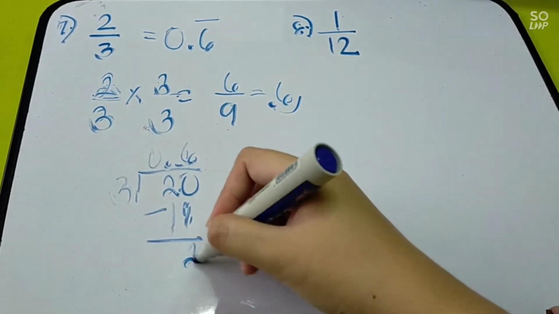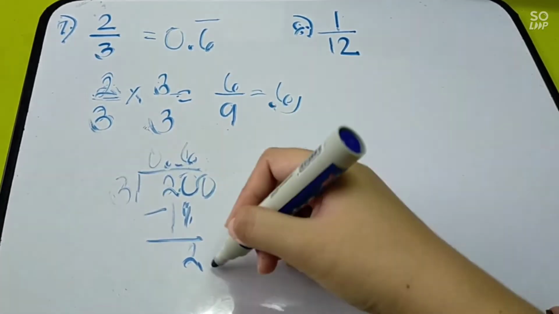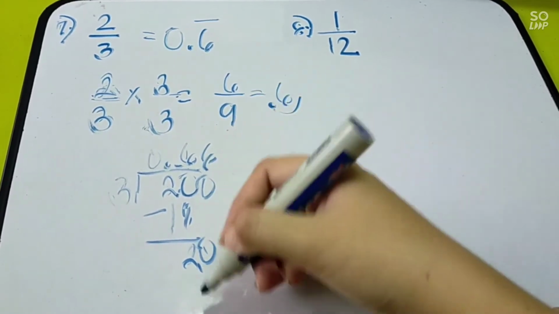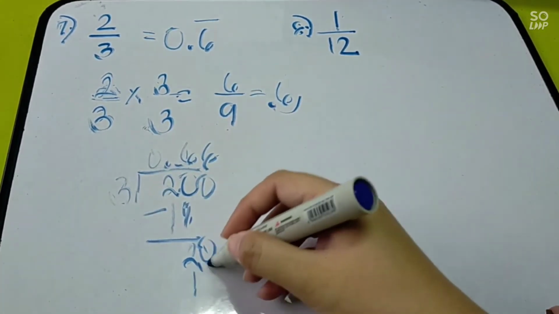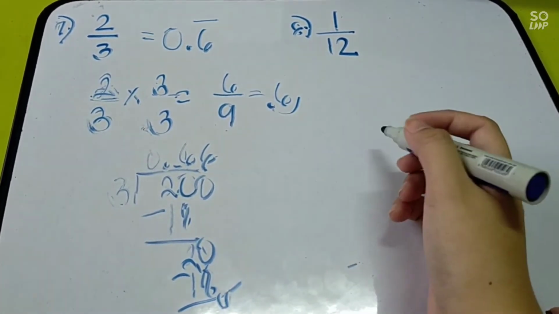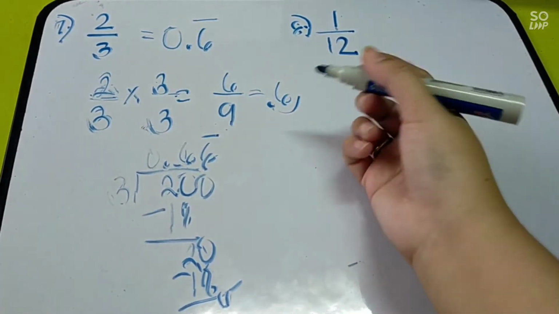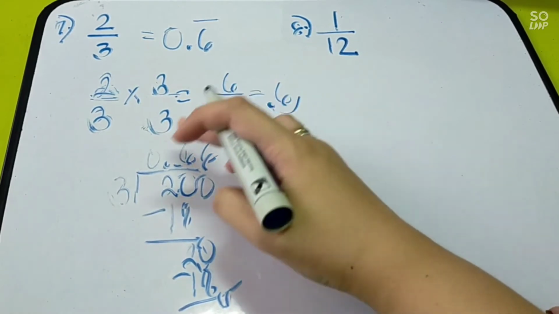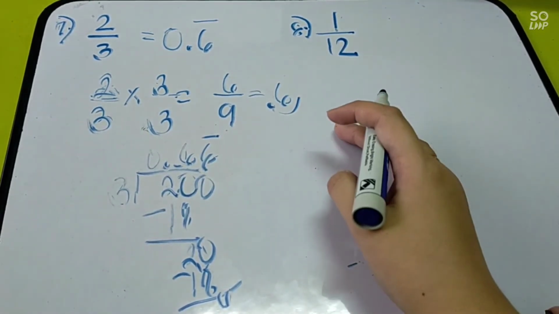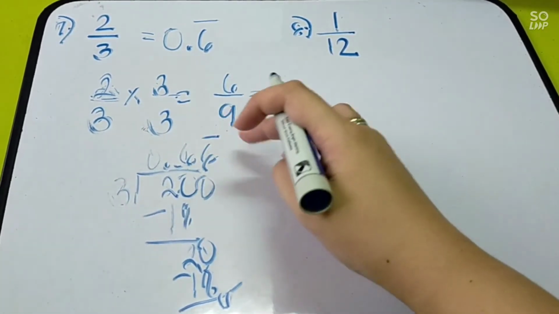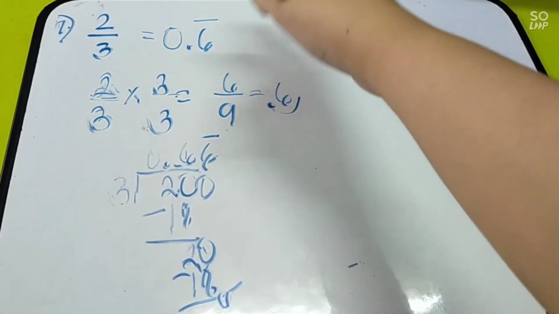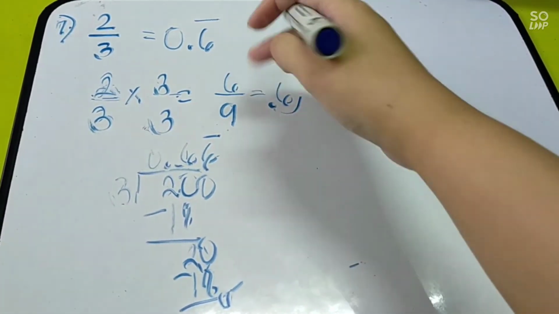So, the answer is 2 again. So, add 0 again. So, 6 again. 6 times 3, we have here 18. So, it is repeating already. So, it is the same here. 0.6. So, you can do it that way. Sometimes once, sometimes twice. It's up to you. So, 0.6 with a bar line and 0.6 with a bar line are just the same.